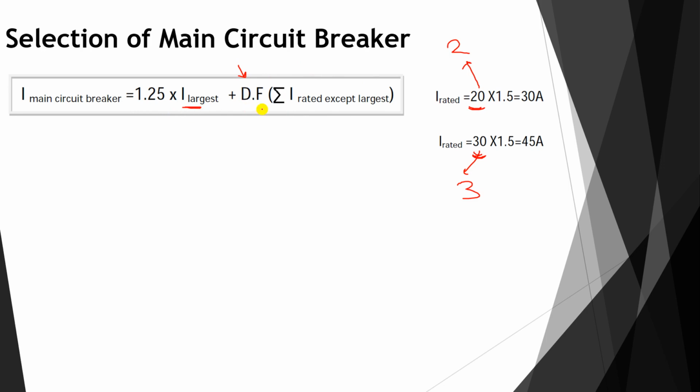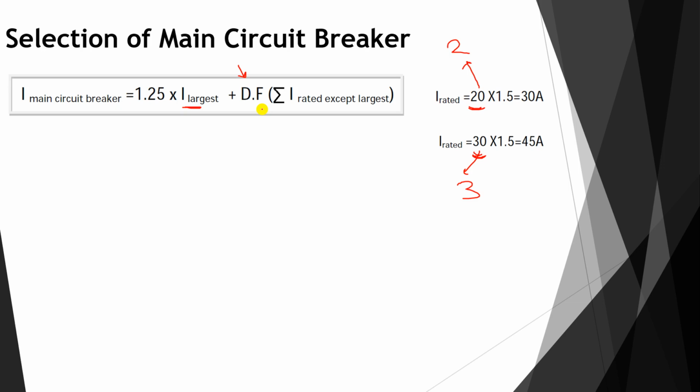It means that all of our loads are not operating at the same time. In a distribution network, apartments in the same building, on the same floor, are not operating at the same time. Or even in the same apartment, not all of the devices are working at the same time. So there is a diversity factor, which means that we are going to reduce the total current.